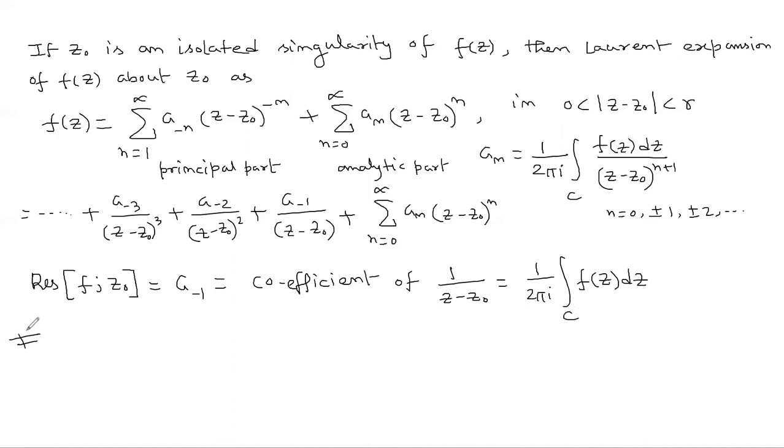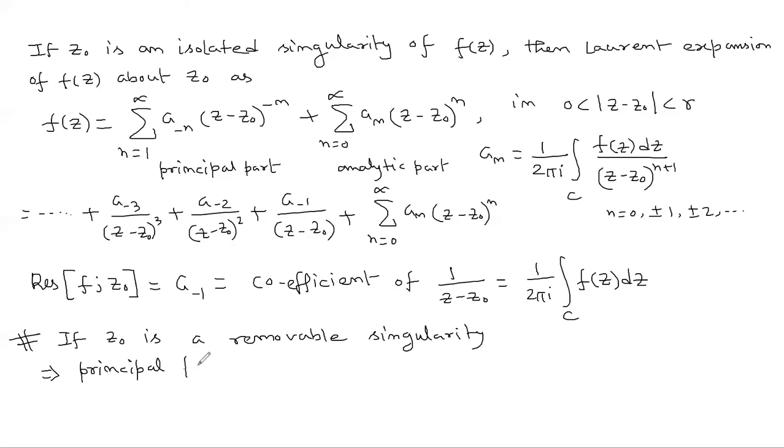Now, here we have a very important point to be noted. If z0 is a removable singularity, from the definition of removable singularity, we have seen the principal part of the Laurent series expansion about z0 contains no term.